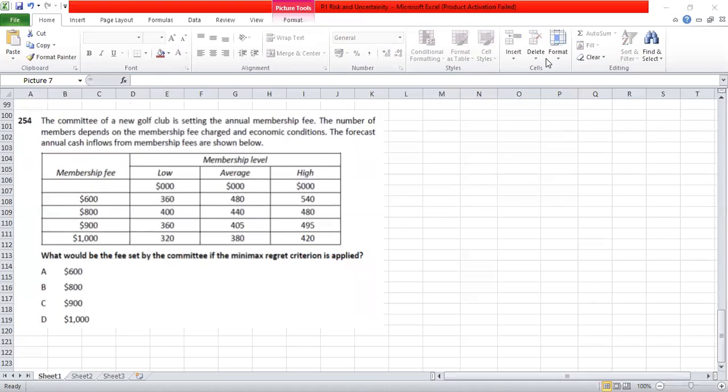What would be the fee set by the committee if the minimax regret criterion is applied? So first we need to prepare a regret table. The regret table is not given. So first the regret table has to be prepared. After the regret table, then we proceed further in selecting the next decision.